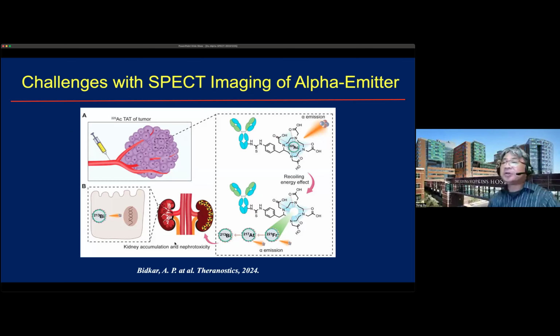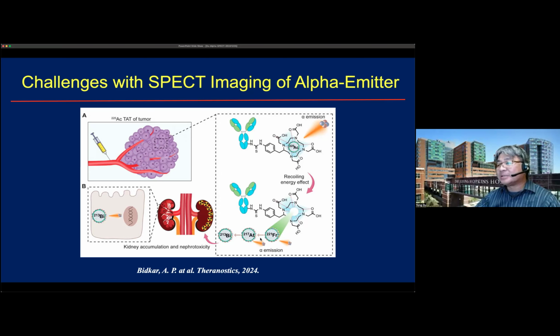This example shows actinium with a labeled antibody, where a chelator of the actinium is connected to the antibody. However, when actinium decays, the alpha particle is very heavy. As you remember, it's the nucleus of helium. So there's a big momentum, and due to conservation of momentum, the actinium daughter, the francium, will also have quite large momentum, and this can cause it to break from the chelator and become free ions, and it further decays into other daughters, such as bismuth.